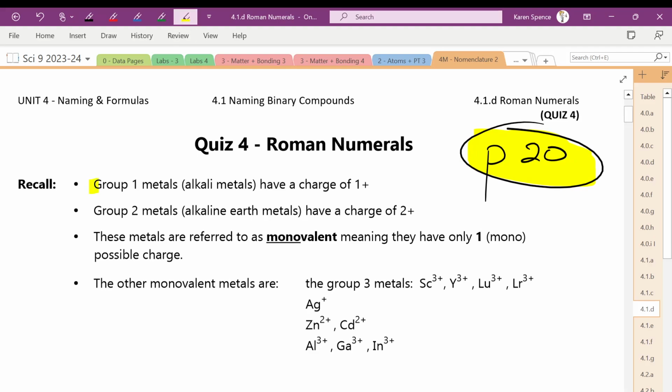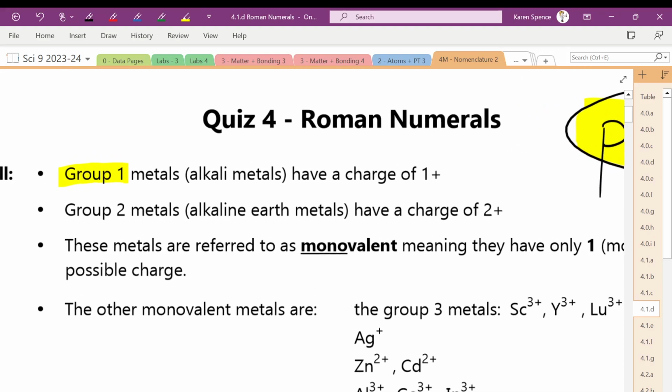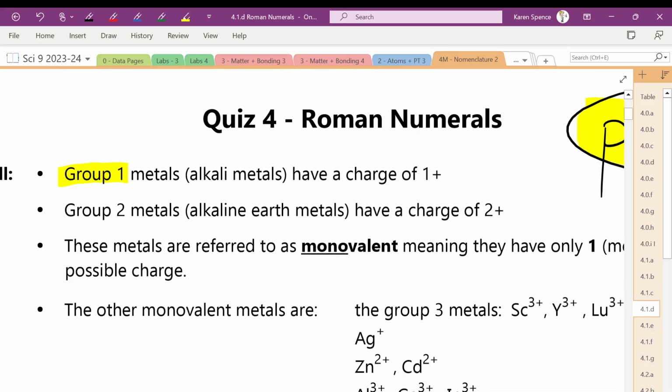Alrighty. What is the charge of group 1 metals when they form ions? Group 1, +1. Group 2, +2. These particular metals and other ones that only have one charge are referred to as monovalent.